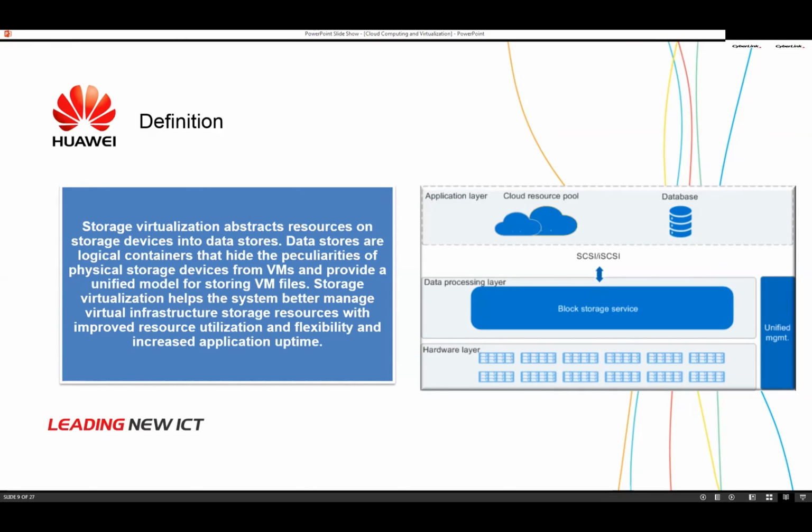This one includes Fusion Compute as well, the one that we previously spoke of, and also VMware vSphere, Microsoft Hyper-V and OpenStack as well, and even our own Huawei Cloud Stack. And it supports a wide range of service applications such as SQL, web, and industry applications. Besides cloud resource pools, it also applies to databases.